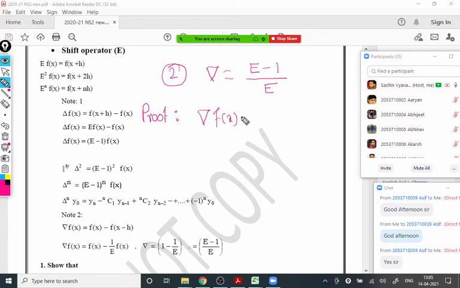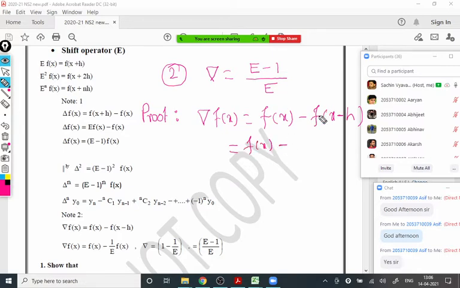Yes, by definition, what should we write? So fx minus f of x plus h. Not correct. Minus h. Why you said fx minus f of x minus h? Same minus previous value. Okay. So this is a definition. So that fx will be as it is.